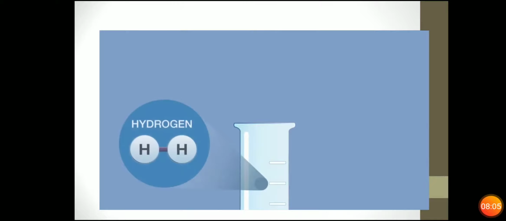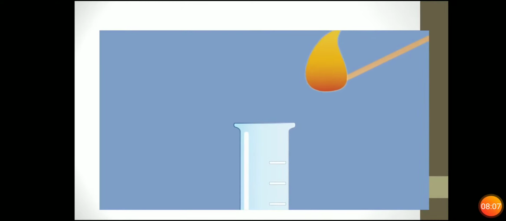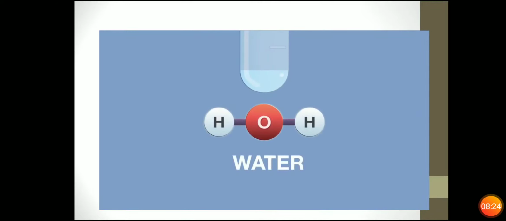To test for hydrogen, place a lit splint at the mouth of the reaction vessel. You should hear a very distinctive squeaky pop, which confirms its presence. This is due to the combustion reaction of hydrogen in the presence of oxygen, creating water as the only product. I hope this is clear.